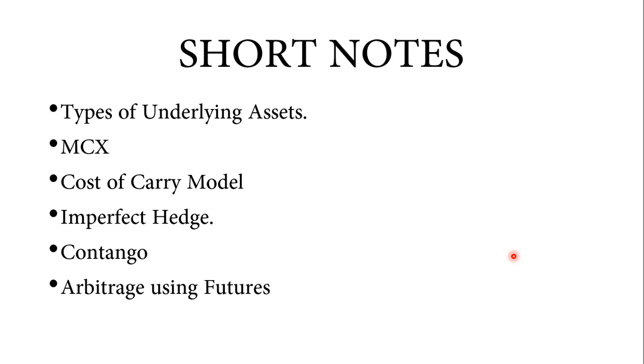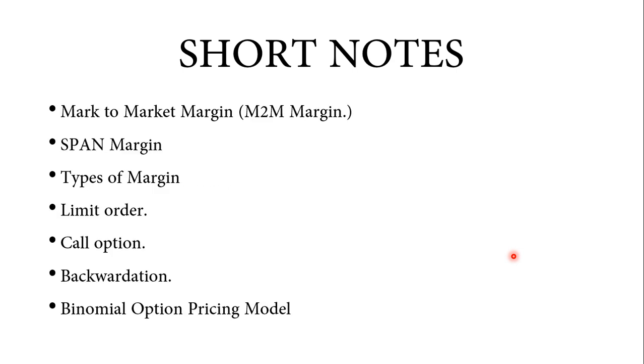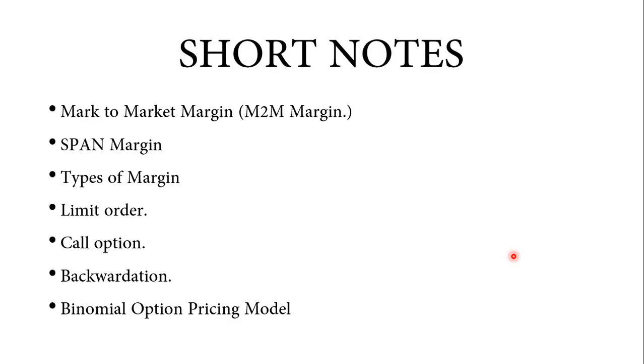The next one will be arbitrage using futures. Okay, the last questions on the short notes: mark to market margin, SPAN margin, types of margin, limit order, call option, backwardation, and lastly the binomial option pricing model.